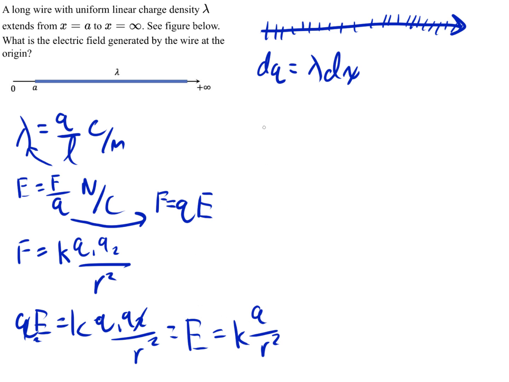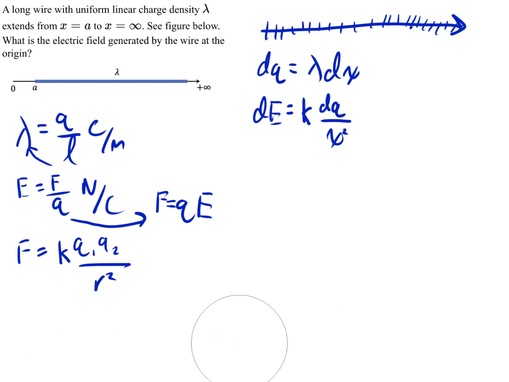So from that we can say that the electric field of each little point, and we can regard them as point charges because they're so small, is equal to the Coulomb constant times the little charge q that the point charge has divided by the distance from that point charge.